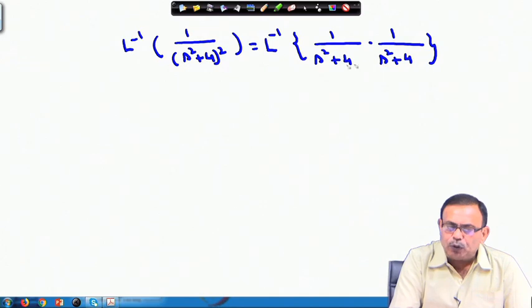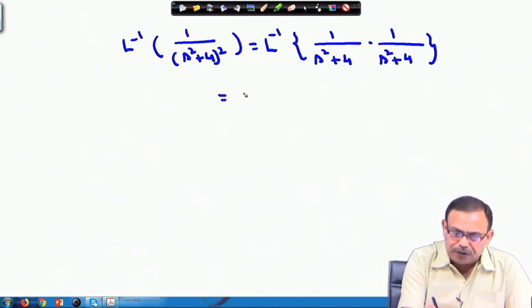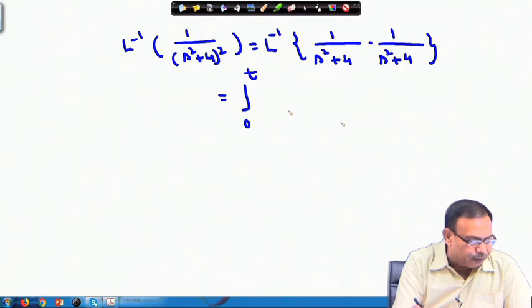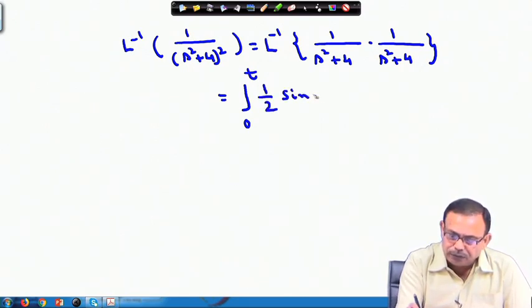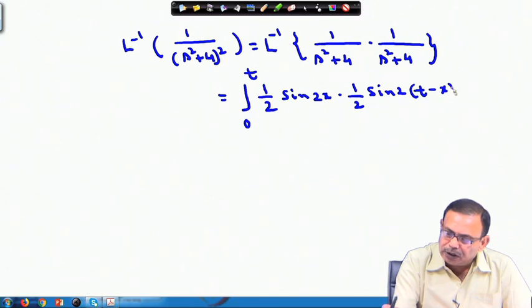So, we have two functions, Laplace inverse of f into g, and this I can write in the form f star g. Using convolution, that is half sin 2x into half sin 2(t minus x) dx.